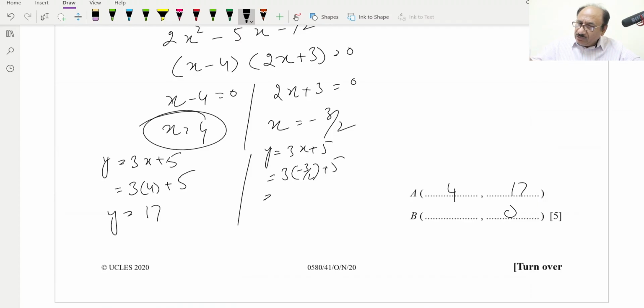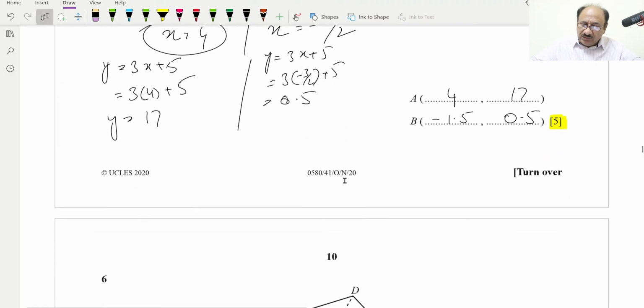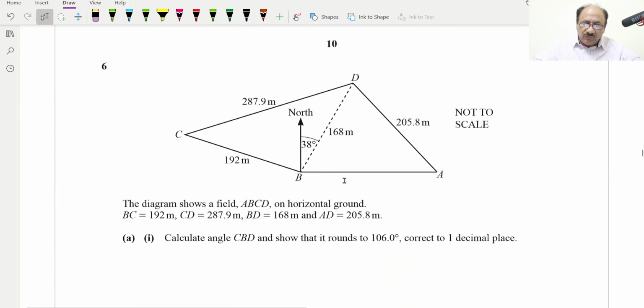So 0.5 will be the y value, and the x value is minus 3 by 2, or we can write minus 1.5. This is basically a 5 marks question, huge marks. It's very easy, but the marks are good for this one.